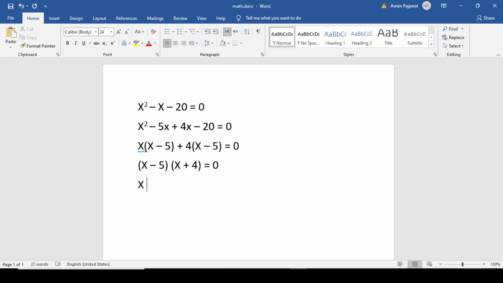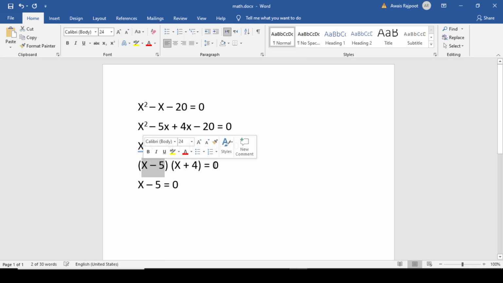Our question is almost done. So x minus 5 is equal to 0. I will first solve this.